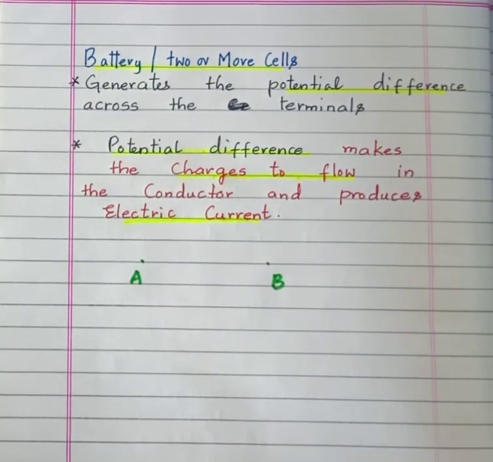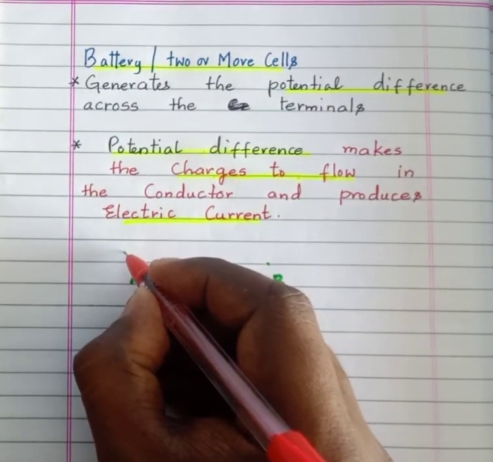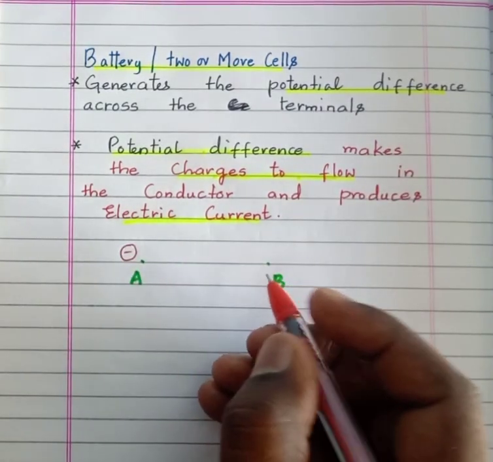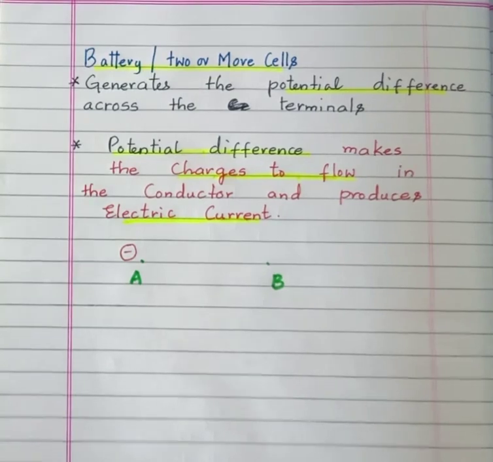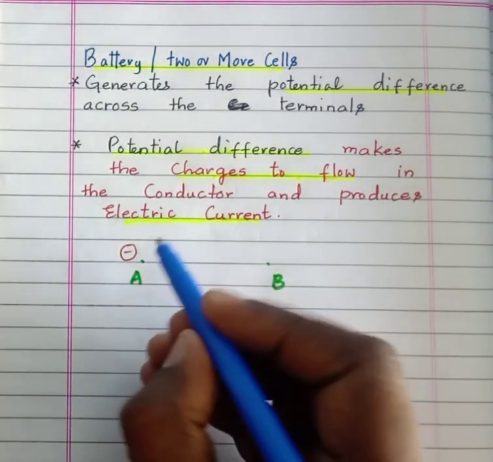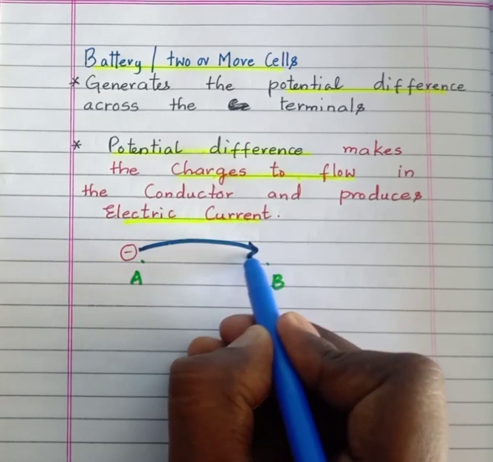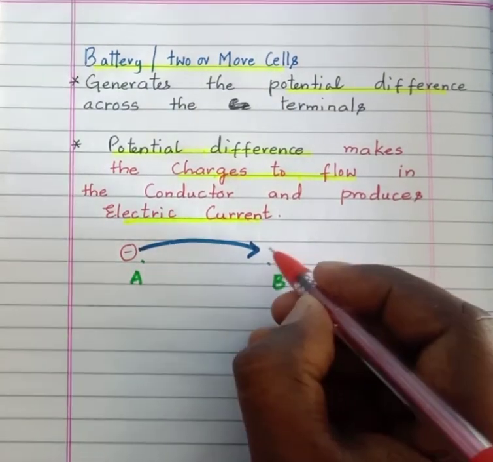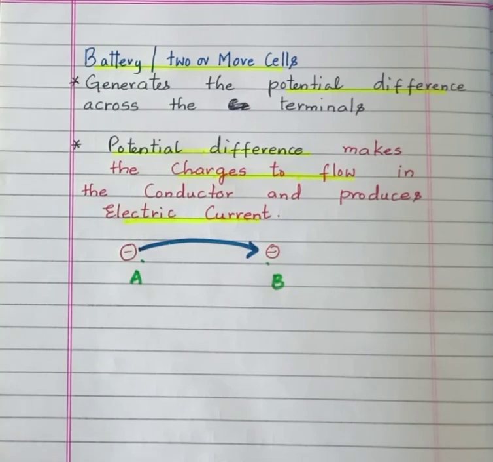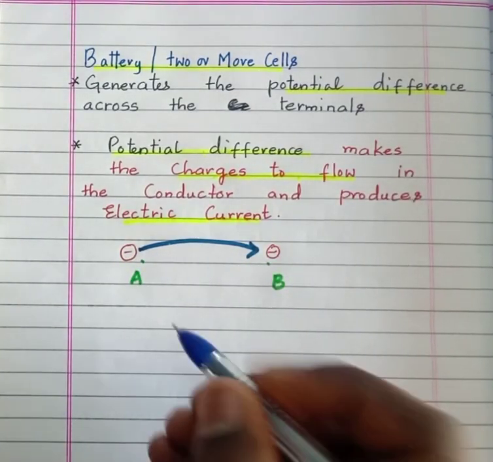Consider 2 points A and B. Now, we have a charge at A. Now, we need to move the charge from A to B, that is flow of charge from A to B. Potential difference is defined as the amount of work done in moving a charge.